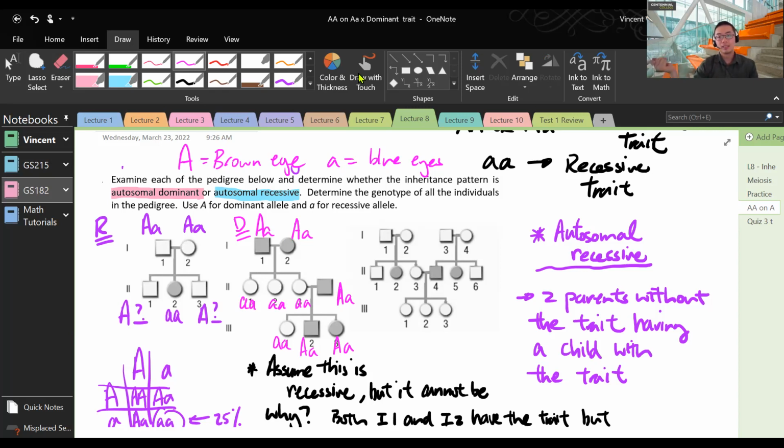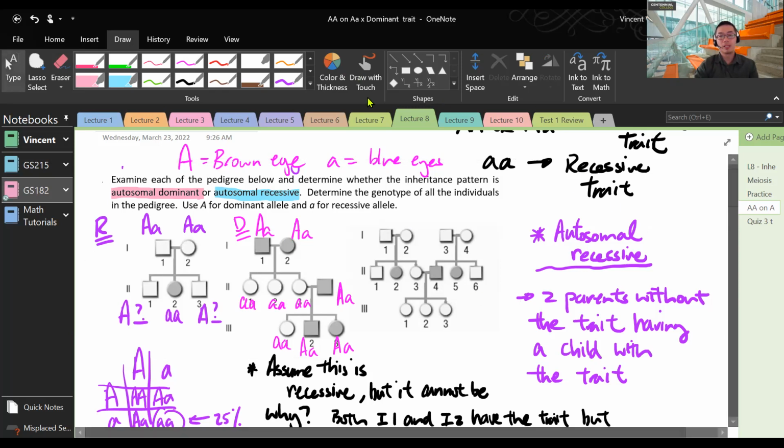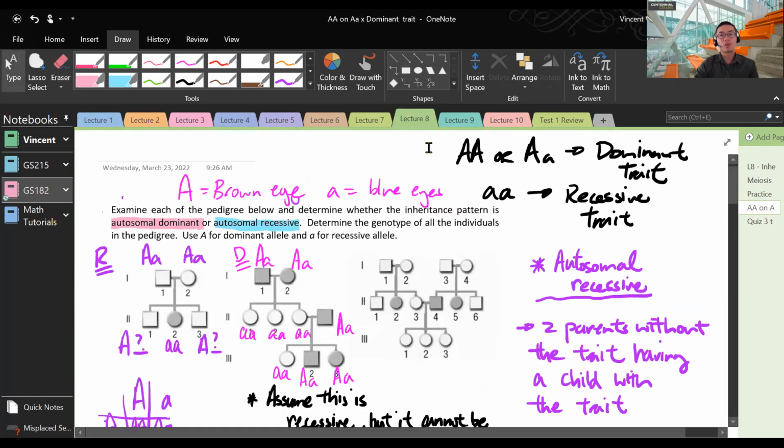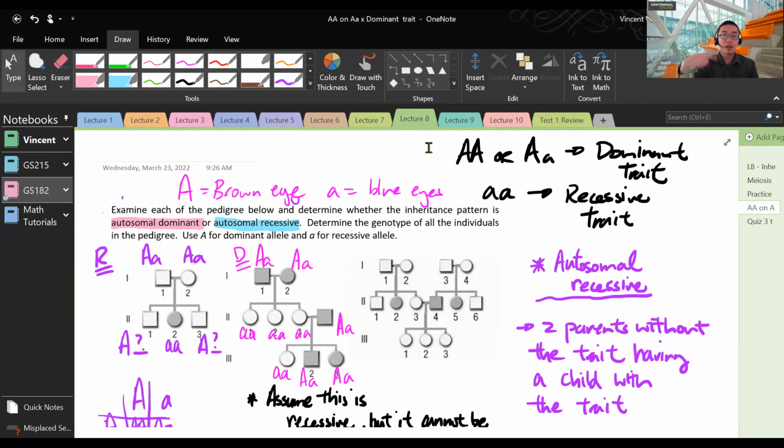But since there is no scheduled tutorial, and I feel people are probably a little bit confused about lecture 7 or lecture 8 with all the codons and stuff like that, if you need extra help, please come. But when you come, be prepared to turn on your mic and actually talk to me, converse with me, so that I can actually help you. But send me an email. You can ask me anything in the extra help, anything from lectures 6, 7, or 8.